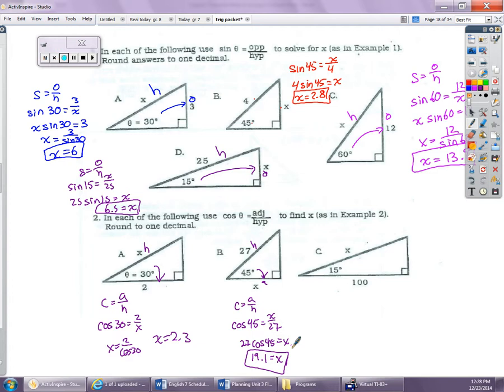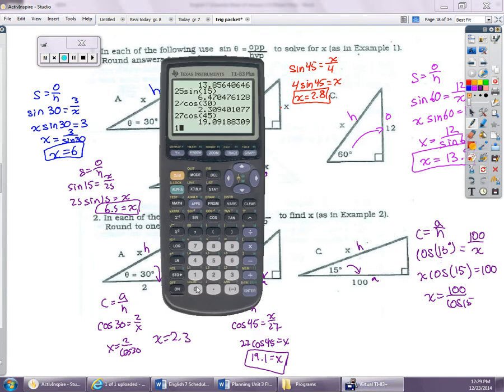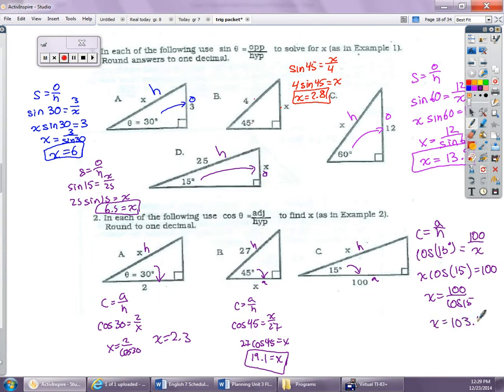And we look at the last one here, C. You have adjacent and hypotenuse, so the cosine of 15 degrees equals adjacent, 100, over hypotenuse, x. So x times the cosine of 15 equals 100. x equals 100 divided by the cosine of 15, which gives us 103.5. So x is 103.5.